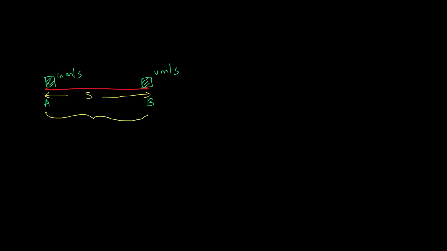Now we'll see the derivation of the second equation of motion, that is s = ut + half at square.